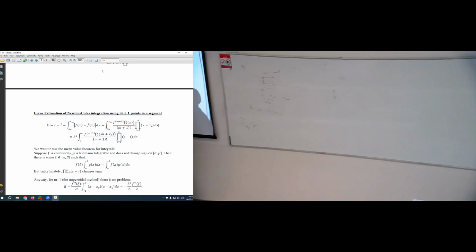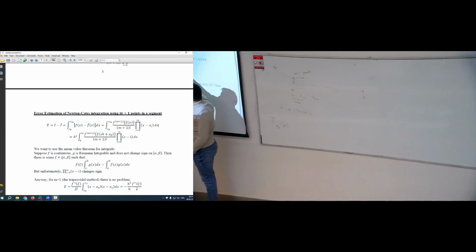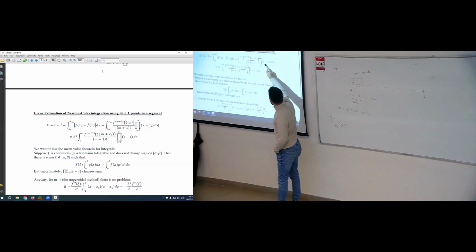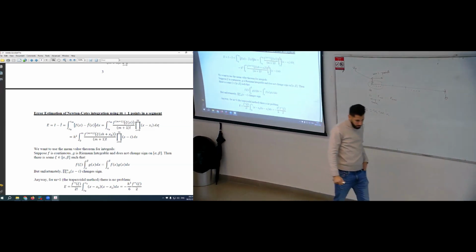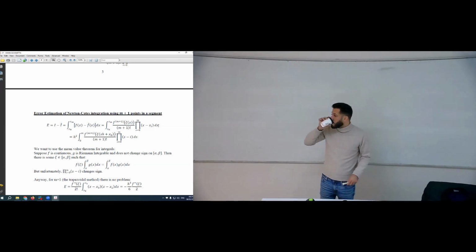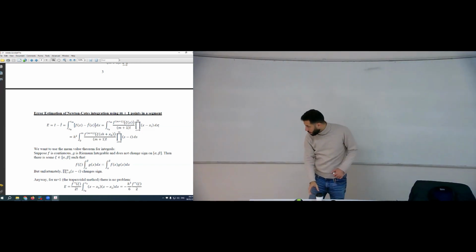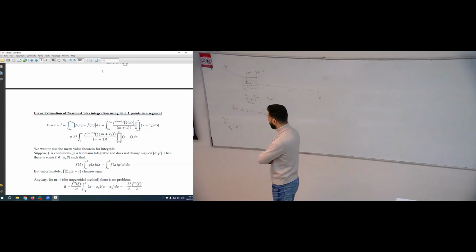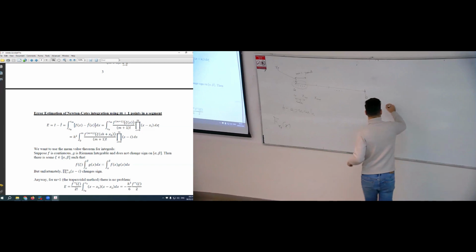It changes sign because when we go from x0 to x1 and x1 to x2, this changes sign. So here's an example.